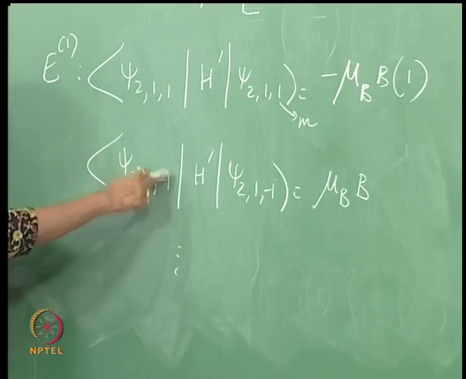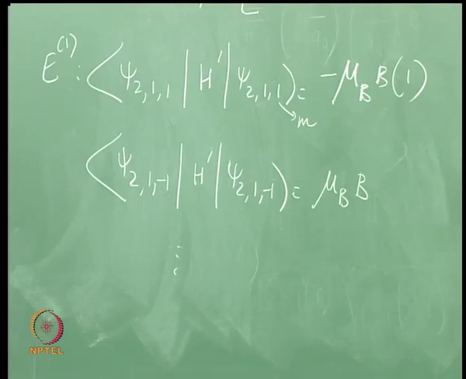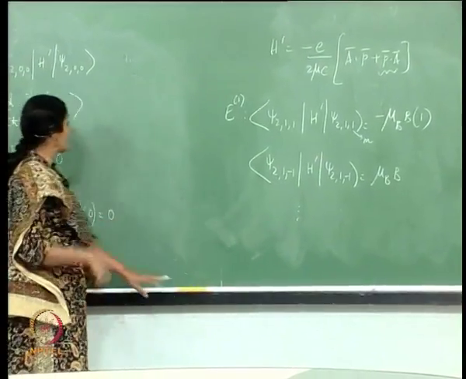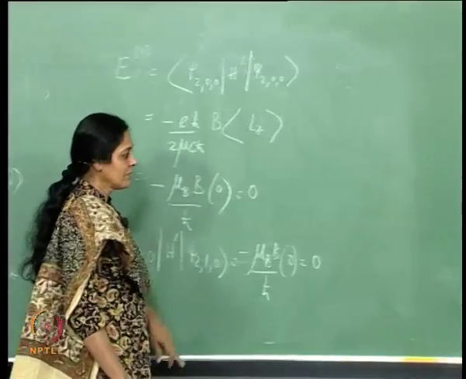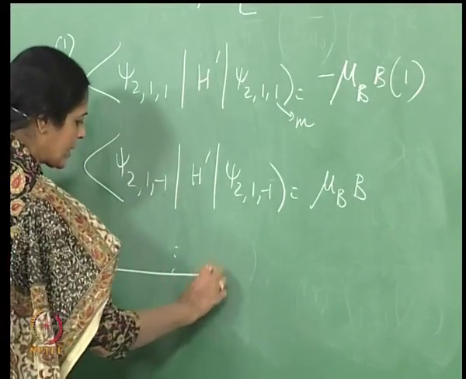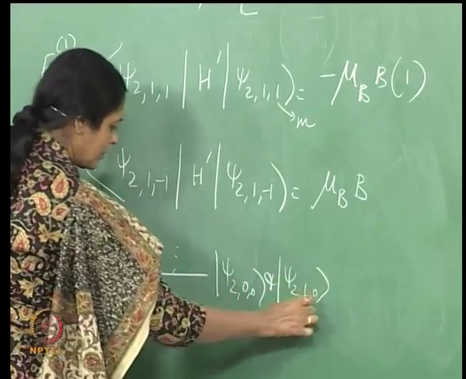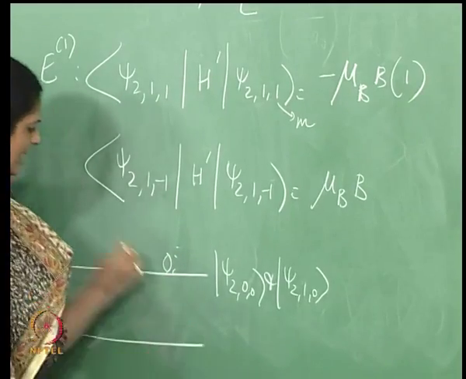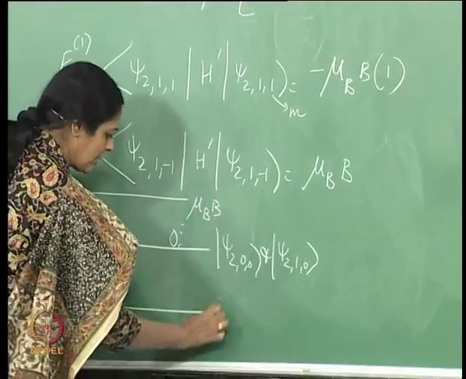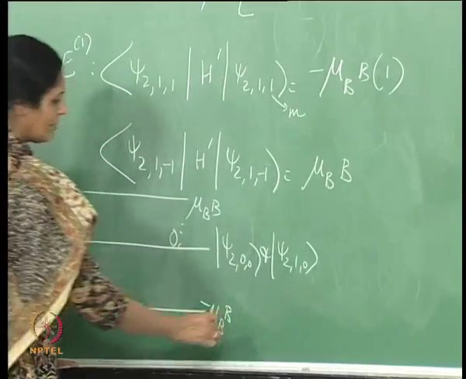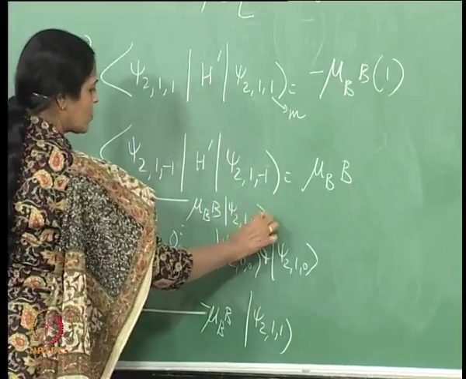But as you can see, the degeneracy between psi 2 1 1 and psi 2 1 minus 1 has been lifted, in contrast to the case of the Stark effect, where the degeneracy between psi 2 0 0 and psi 2 1 0 was lifted. So here I now have two states, psi 2 0 0 and psi 2 1 0, with energy 0, and then I have two states, one of them with energy mu b B and the other with energy minus mu b B. So one of them is psi 2 1 1 and the other is psi 2 1 minus 1.